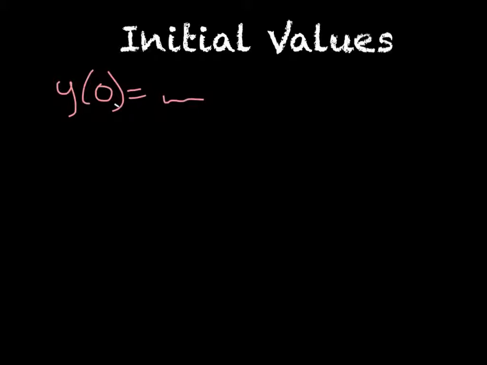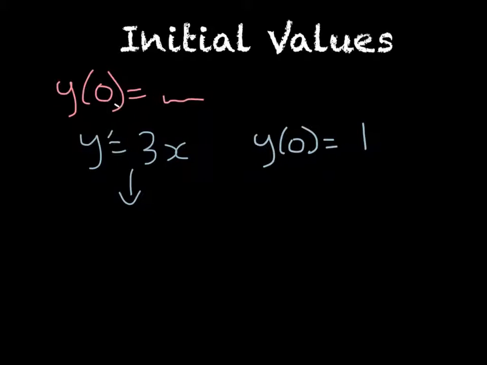So taking our example from last time, where we had y prime equals 3x, if along with this we're also given the initial value y at 0 equals 1, then after we solved our equation using separation of variables, where we found y equals 3 halves x squared plus c, we can plug in our initial condition.